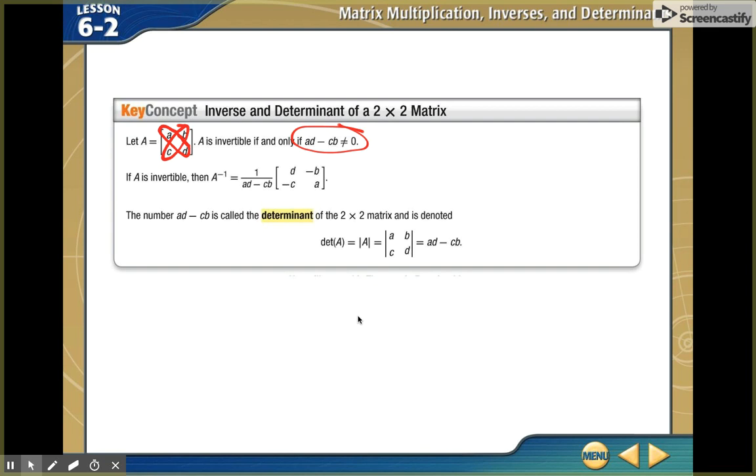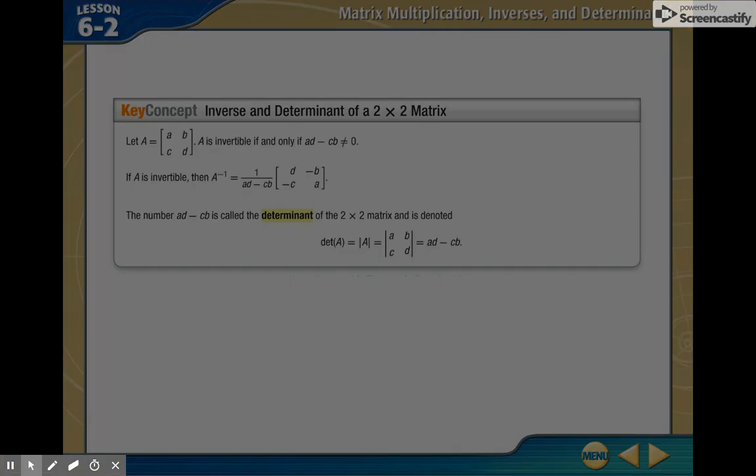We'll say that it's invertible. That value is called our determinant. And we can find our inverse by taking 1 over the determinant and multiplying that times all the values in our matrix. So let's look at an example of how that works.